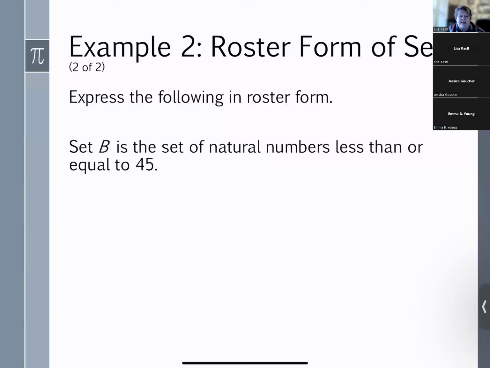Well, 1 less than or equal to 45. 1, 2, 3, 4, 5, 6, 7, 8, 45. So there are a lot of numbers that are less than or equal to 45. Okay, so where do the natural numbers begin again? They begin at 1, and then we're going to go to 45.